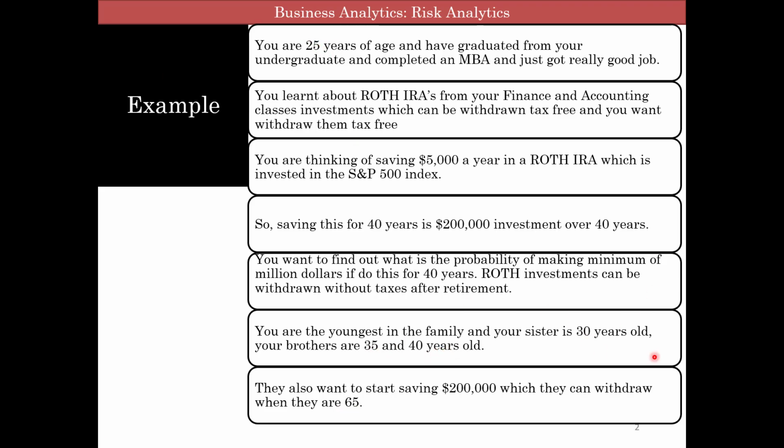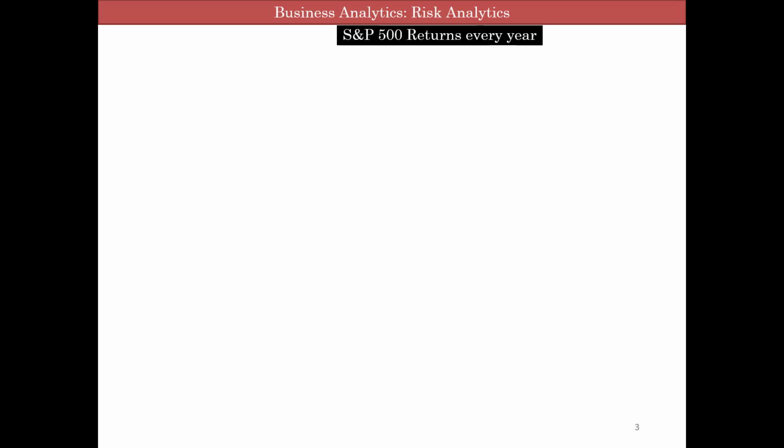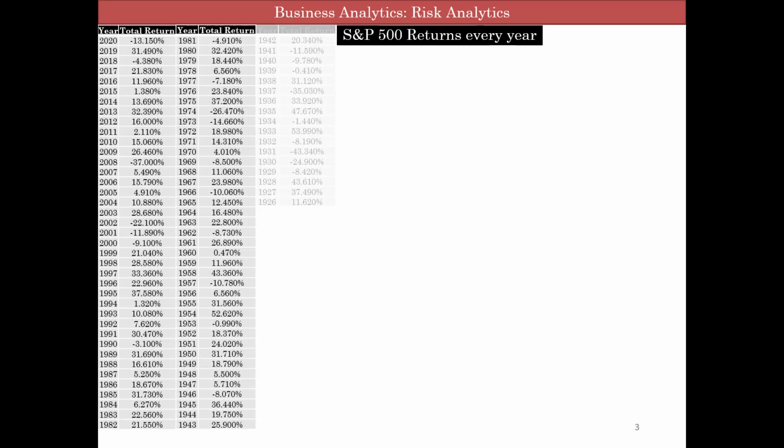The first thing is to look at the S&P 500 returns per year, and that's given to you, from 1926 onwards to 2020. Here are the S&P 500 returns, and you can see sometimes it's positive, sometimes it's negative.